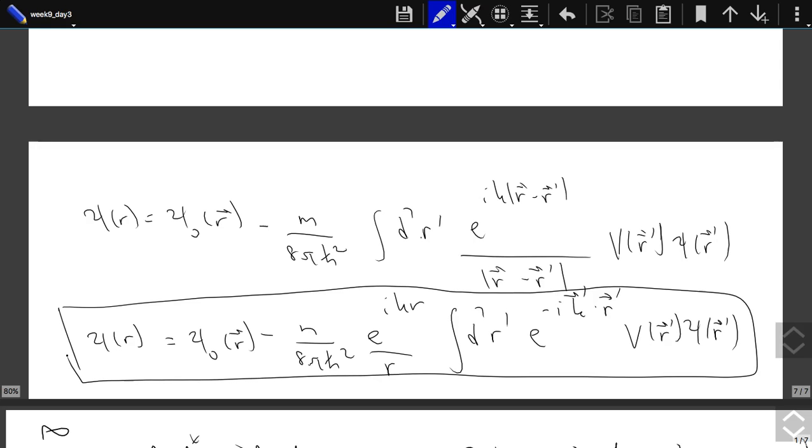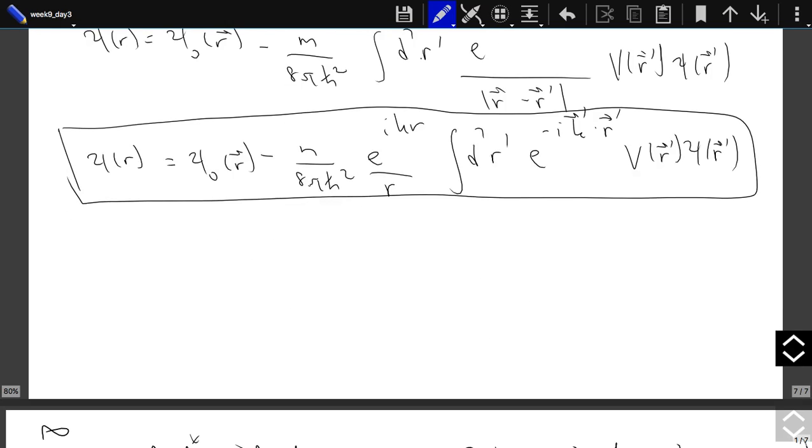This is still an integral equation. But even if we don't assume v is small, if this equation is correct, I can take this solution of psi and put it over here.